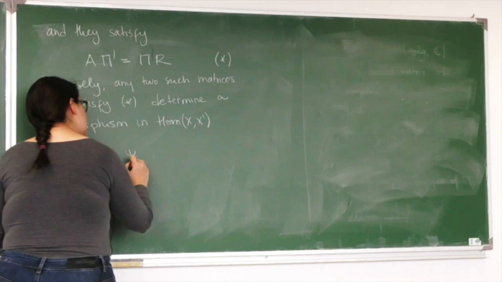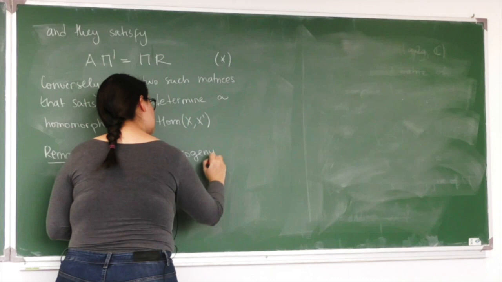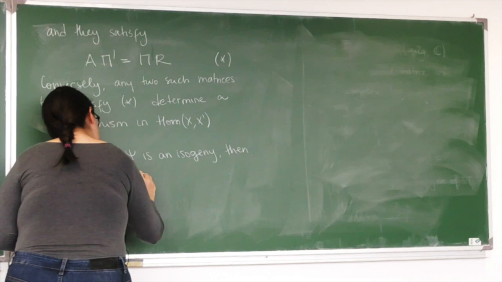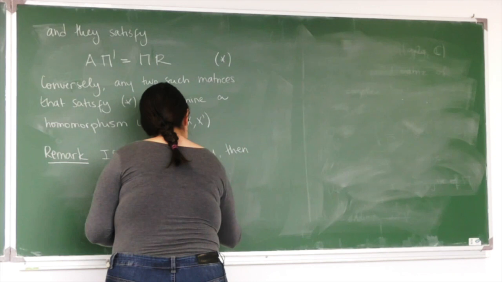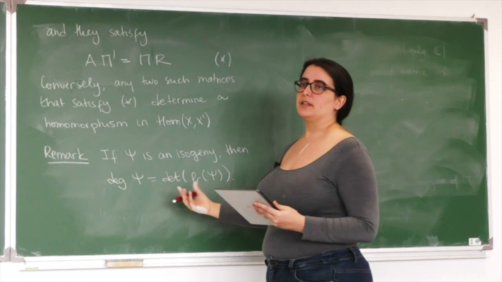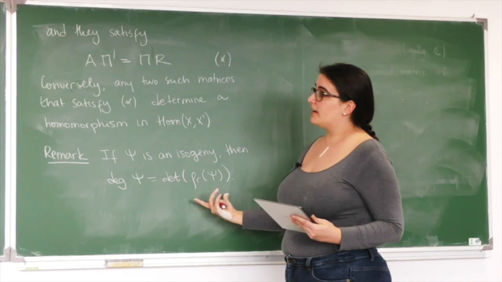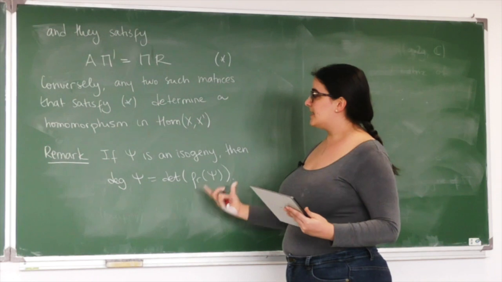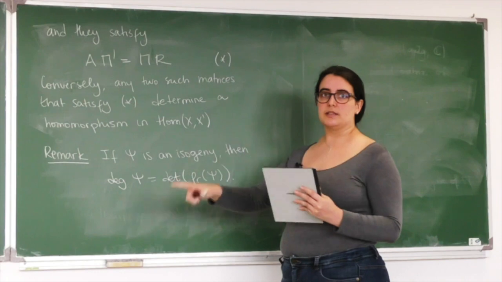So if psi is an isogeny, then the degree of the isogeny is exactly the determinant of the rational representation of the isogeny. So now this concept that initially could be a bit confusing is very specific and explicit, because we just take a matrix with entries in the integers, we compute its determinant, and this tells us exactly the degree of the isogeny. And okay, we'll actually use this in a moment.